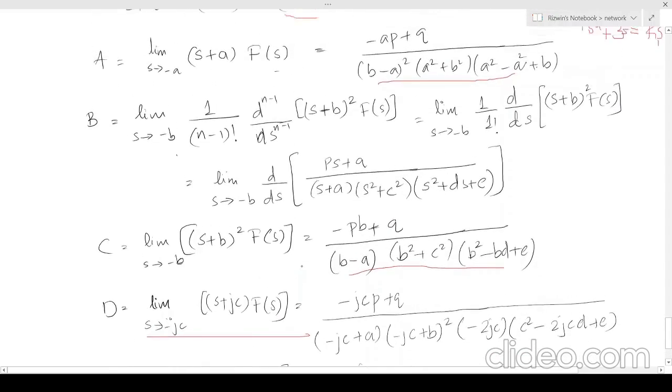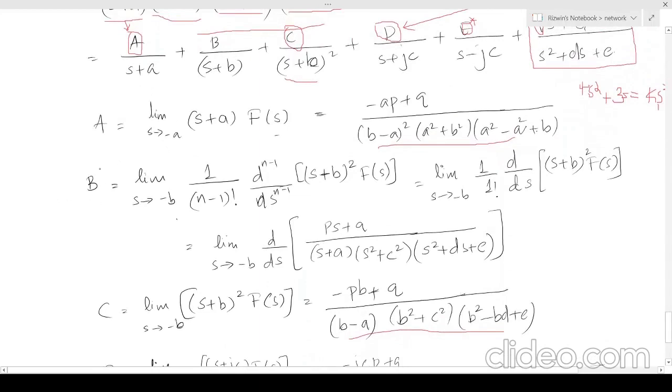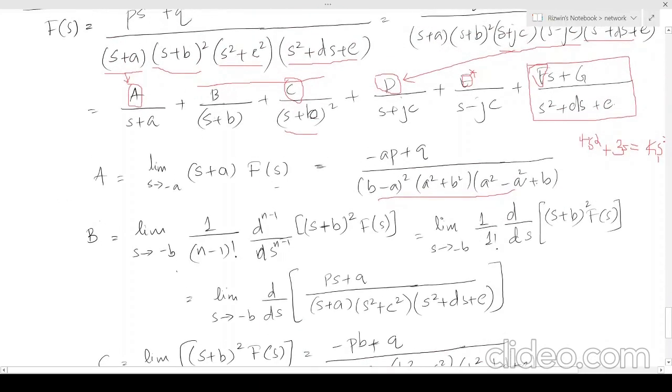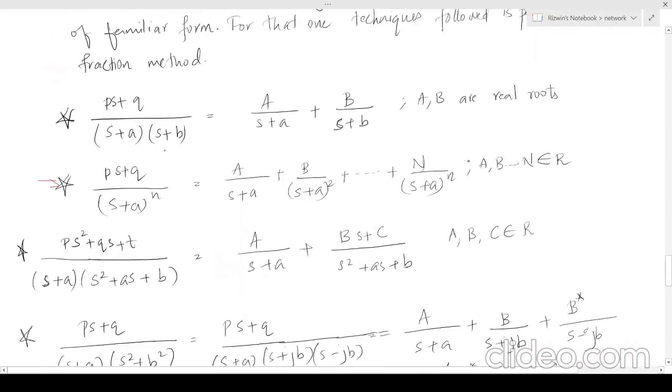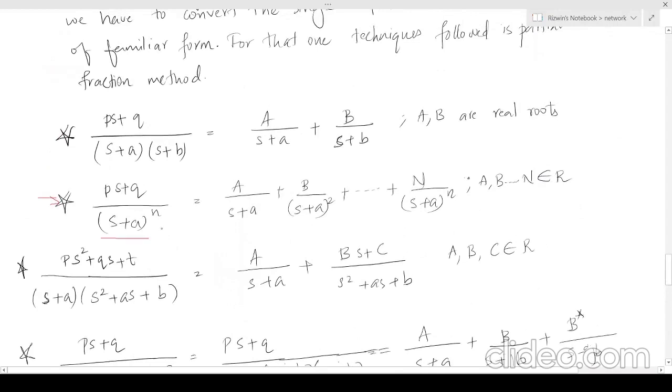Now what we have left is B. So B is the numerator of the term (s plus 1) by (s plus b). The higher order is (s plus b) square. To find the coefficient of any other term, suppose the form is (s plus a) all raised to n.